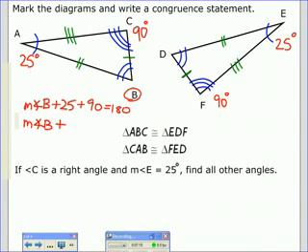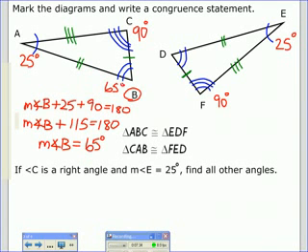So I can solve this little equation. 25 plus 90 is 115. So if I take 180 and subtract 115, the measure of angle B must be 65 degrees. And since angle D is congruent to it, the measure of angle D must also be 65 degrees.